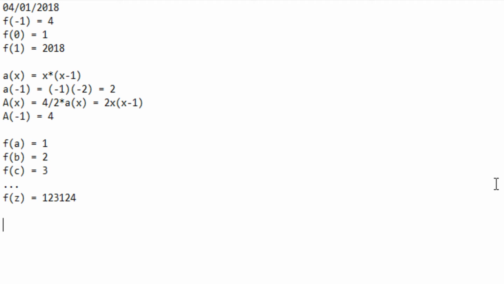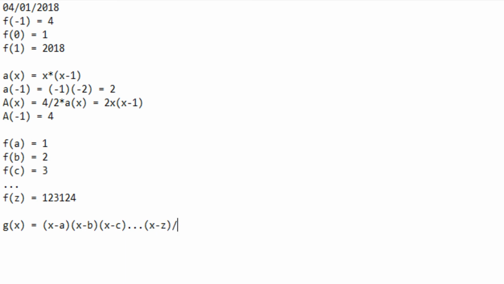What you're going to have to do is set a first function. Now you can't use a because I've already put it here, so I'm just going to pick g, right? g of x equals (x minus a)(x minus b)(x minus c)... (x minus z).